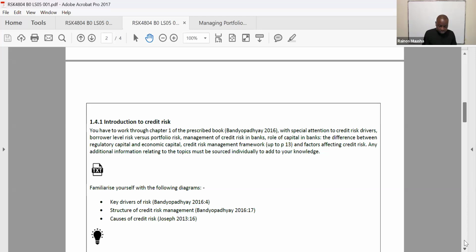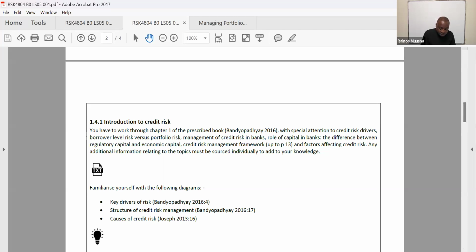So under introduction, they say you have to work through chapter 1 of the prescribed book, Bandyopadhyay, with special attention to credit risk drivers, borrower's level risk versus portfolio risk, management of credit risk in banks, role of capital in banks, the difference between regulatory capital and economic capital, credit risk management framework, up to page 13, and factors affecting credit risk.